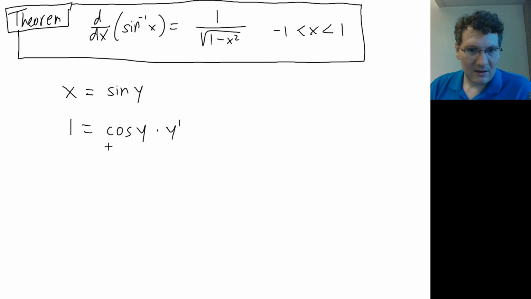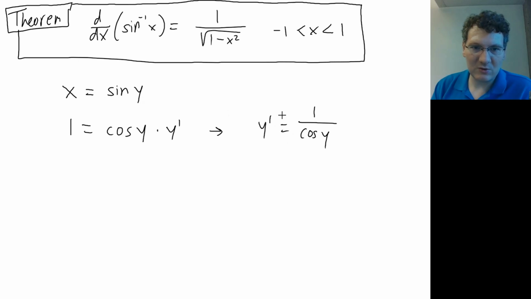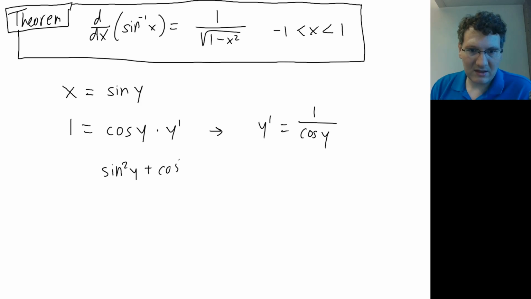That means that y prime is 1 over the cosine of y, but I want to write cosine y in terms of x. Remember the relationship that sine squared of y plus the cosine squared of y equals 1. So the cosine squared of y equals 1 minus the sine squared of y.